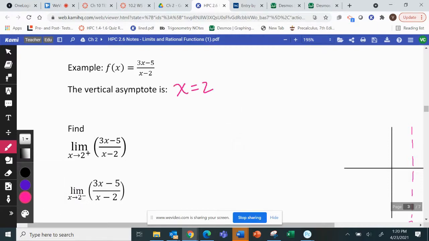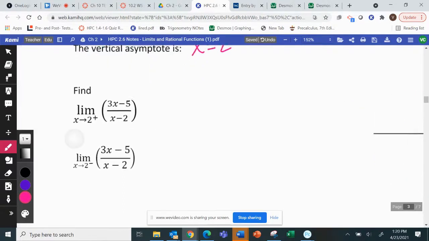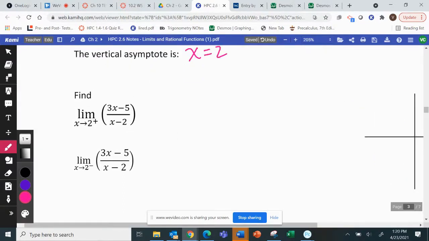So I drew that for you already. So now you will see that this is set up the way that I was doing some of those examples on the very first page. This says x approaches 2 from the right. So somebody give me a number that's close to 2, but to the right of it.